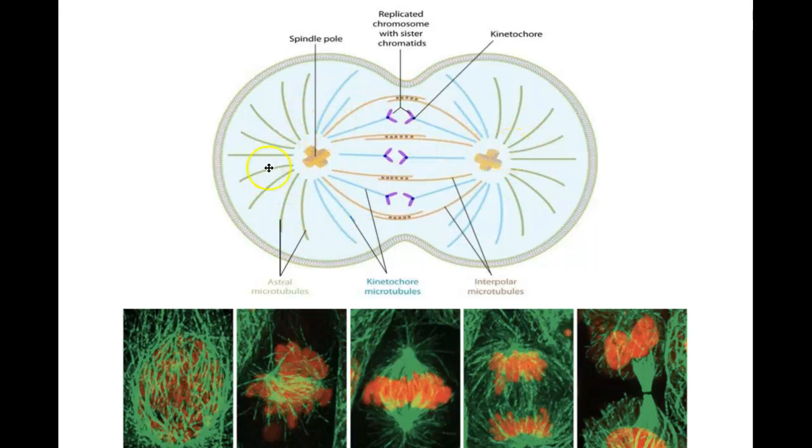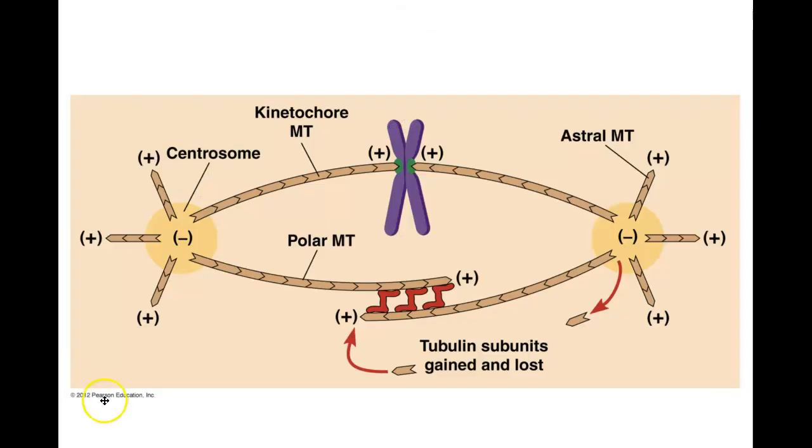And then we've got these anchoring microtubules called astral microtubules. I will probably not ask you about these, but I'm interested in you knowing about the kinetochore microtubules and the polar microtubules. And so if we continue to take a look at that, here you're showing all three: the astral microtubules, polar microtubules, and kinetochore microtubules.